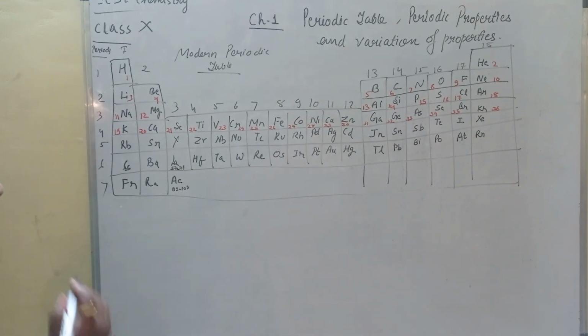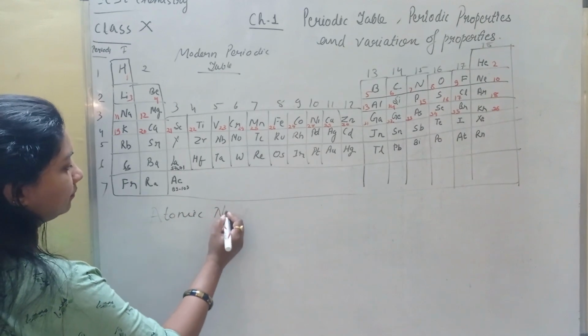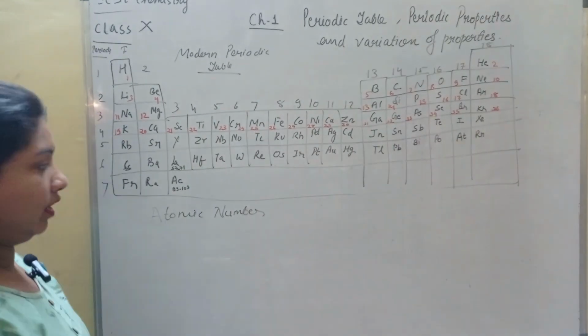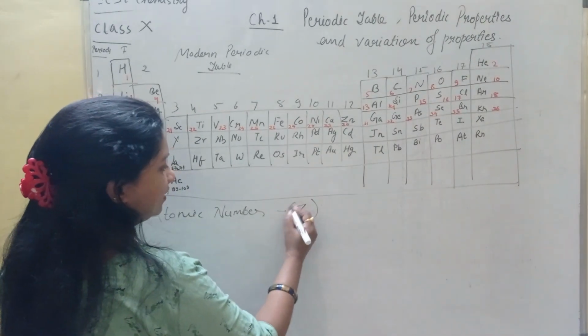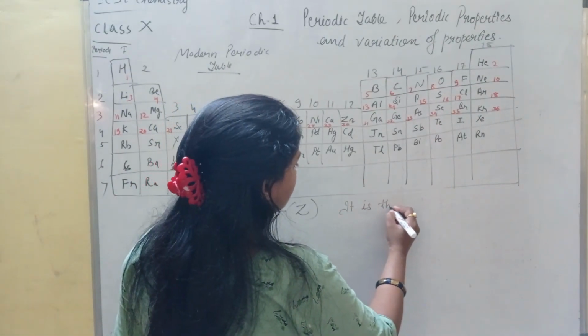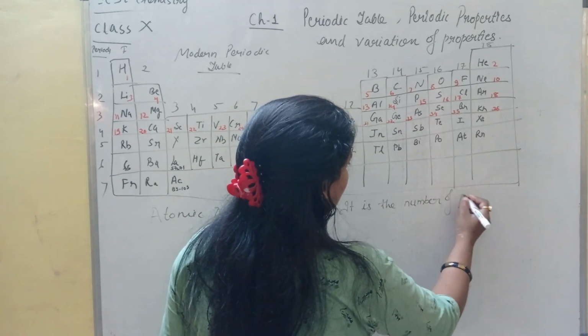All right. So what we have to see? We have to see what an atomic number is. Atomic number. So these are the terms you should know. Atomic number, we usually represent it with this Z, and it is the number of protons.